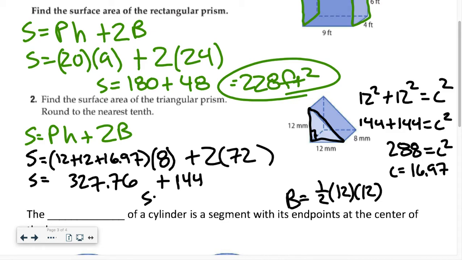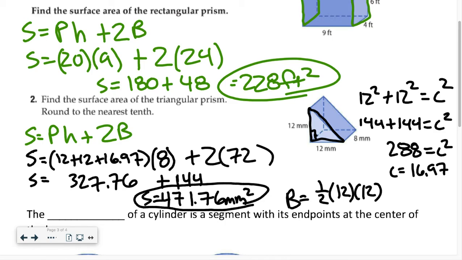You get a surface area of 471.76 millimeters squared. All right, so that's how you find surface area and lateral area of a prism.